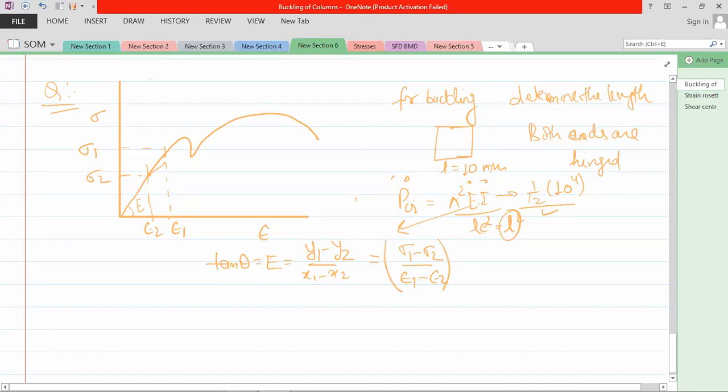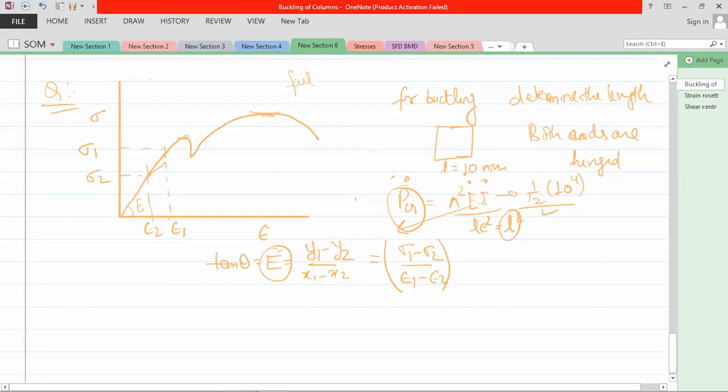Now you have the E value, but you don't know P critical. What should you do? You can take the ultimate strength or the yield strength, depending on the condition for which failure is considered. If failure is for brittle material, you can consider the yield strength.